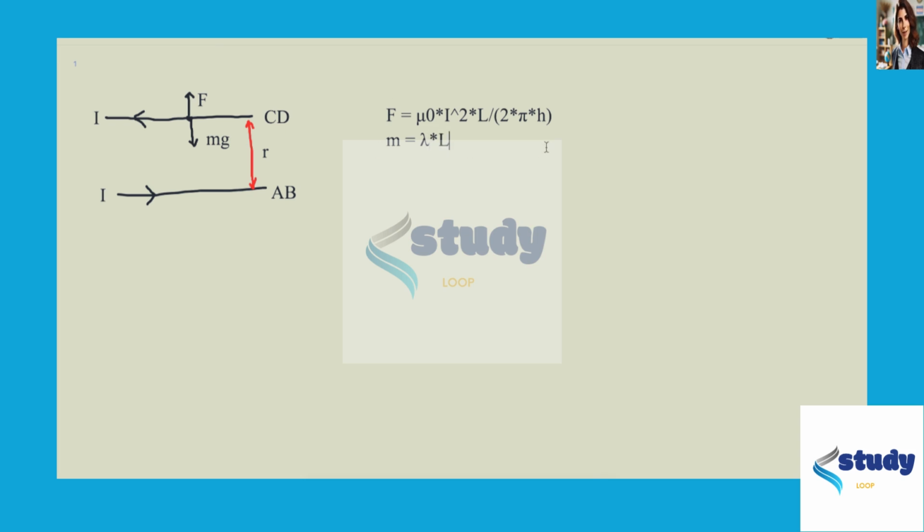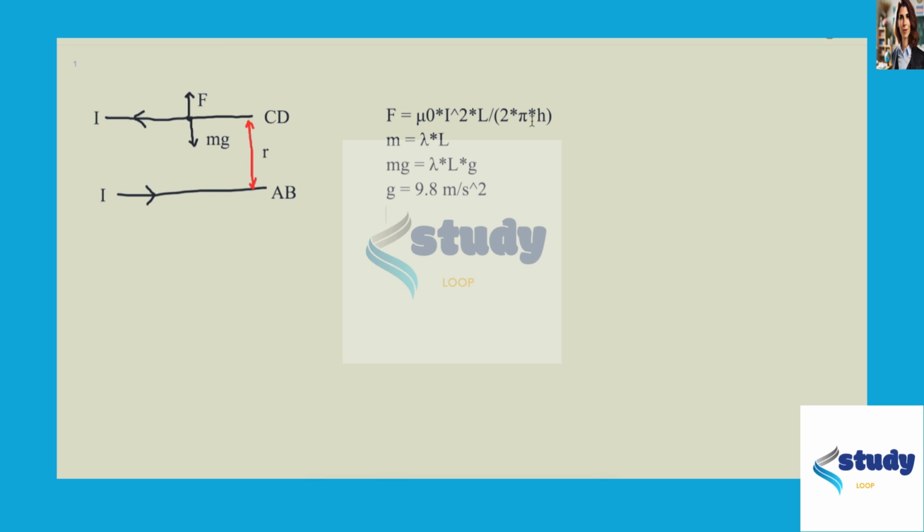So the length of our wire is going to be L, and that will give us the total mass, because mass per unit length times the length will cancel out, giving us just the mass. So our force of gravity here then will be mg, which is just going to be lambda times L times g. And again, g, I'll just write explicitly here, 9.8 meters per second squared.